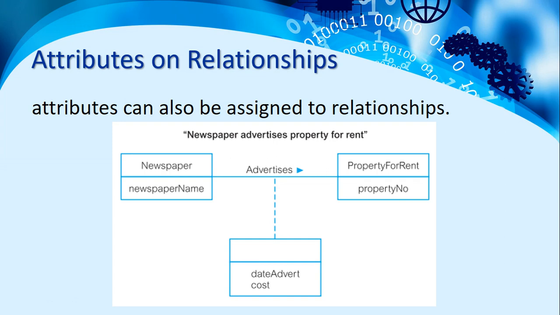consider the relationship advertises, which associates the newspaper and property for rent entity types, as shown in this figure, to record the date that the property was advertised and the cost of that advertisement, we associate this information with the advertises relationship as attributes called date advert and cost.